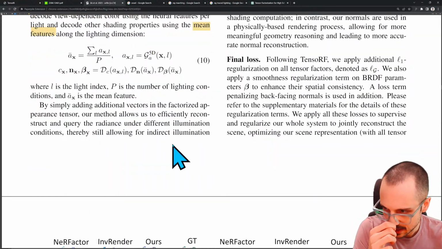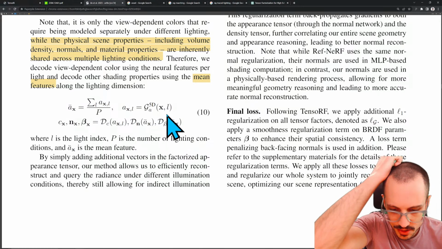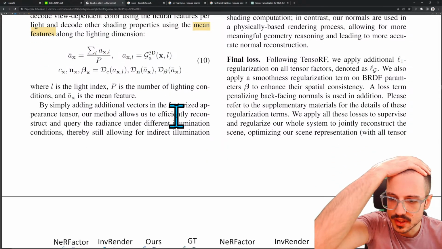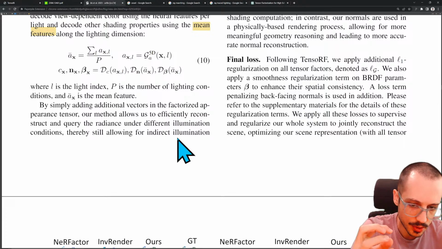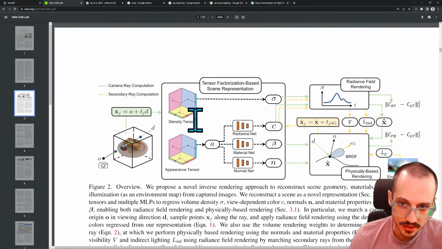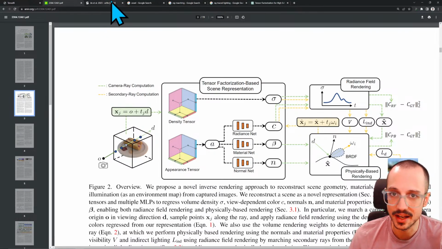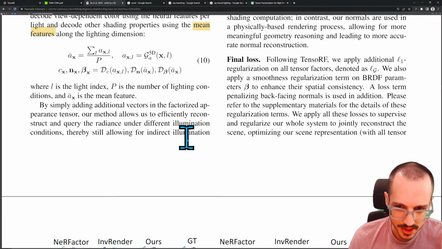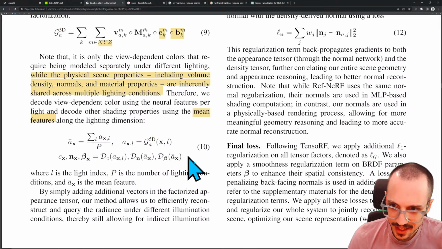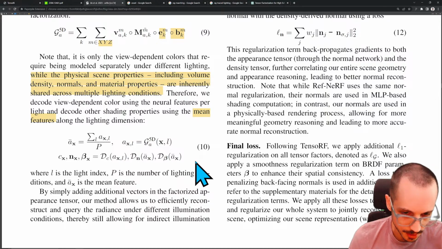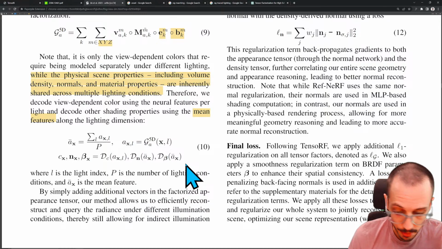I don't like interpolating in tensors like that, but it also means you could use a very low-dimensional density tensor and appearance tensor and save memory, compute and time, but the interpolation is not going to be as good. So it allows you to trade off fidelity with computation, which probably is a good thing.